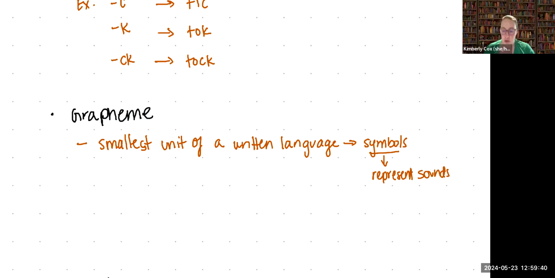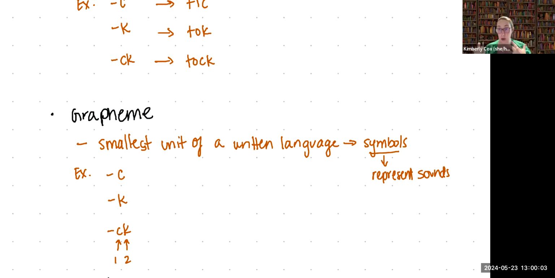Okay. So in terms of talking about graphemes, that is actually going to be a C, right? Or a K. When we put a C and K together, we are making use of two different graphemes.